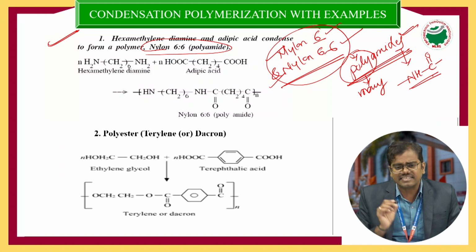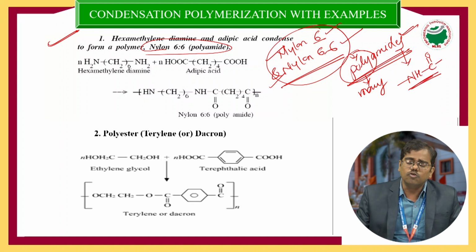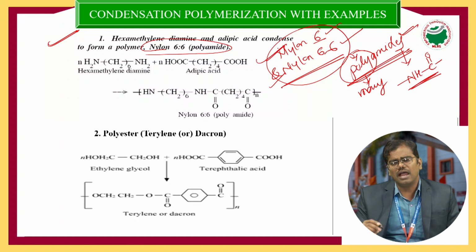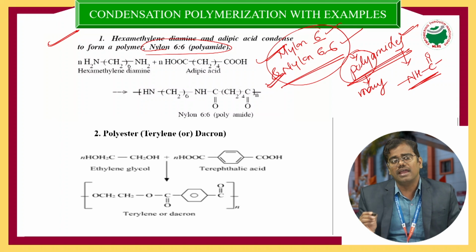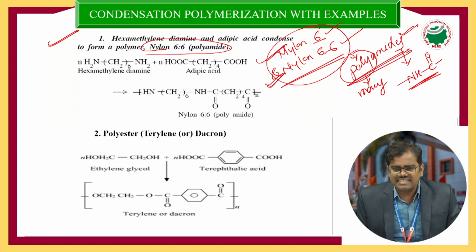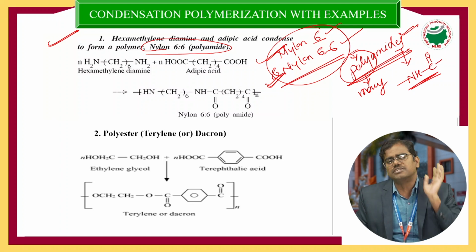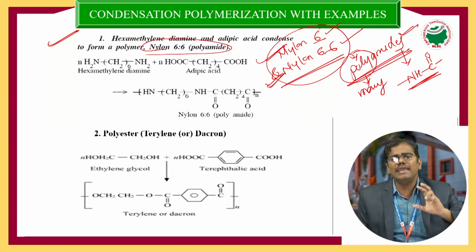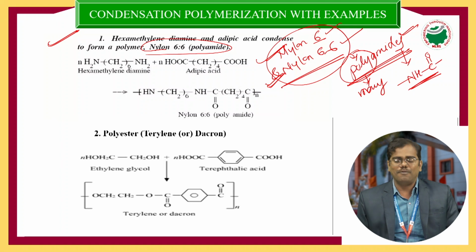In nylon 6 and nylon 6,6 polymers, many amide groups are present. That is the reason these two polymers are called polyamides.